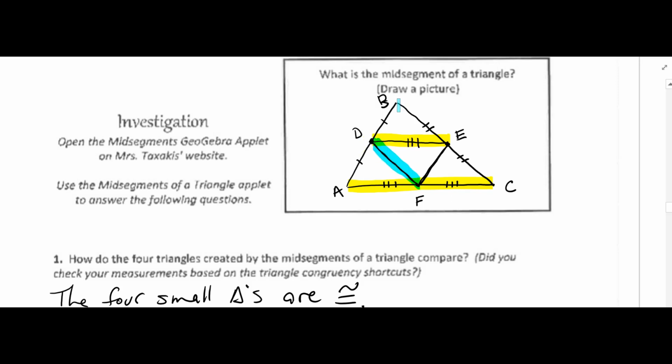DF and BC are going to be related. There's one more relationship that we'll get to in a minute. So DE is going to be equal to one of those segments, and then the last midsegment EF is going to be half of AB, so that's going to get 1 tick mark as well.